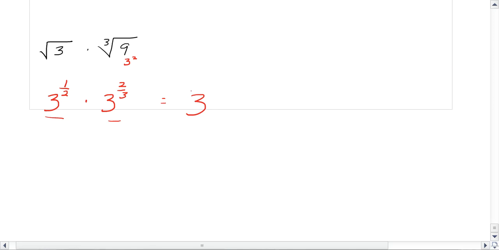But before we can add these exponents, of course, we have to write them with common denominators. So I'm going to change them both to 6. So 1/2 is 3/6, and 2/3 is 4/6. So now I can go ahead and multiply these like bases by adding their exponents.